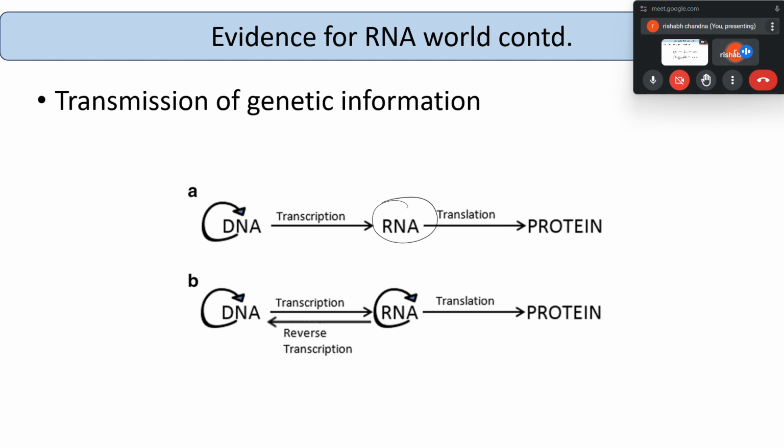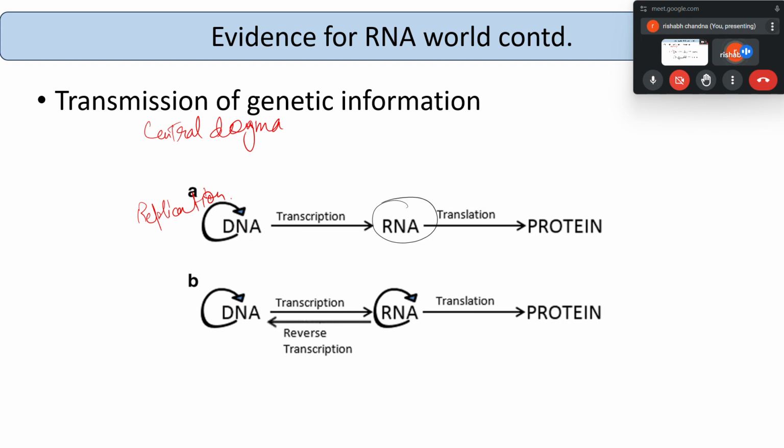So how it is used in the transmission of genetic material is given by the central dogma. So what does this say? DNA replicates on itself; being a genetic material, it has to replicate and produce its own copies.